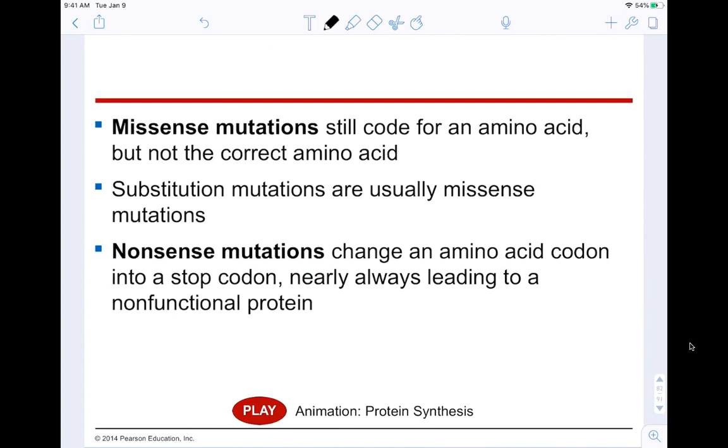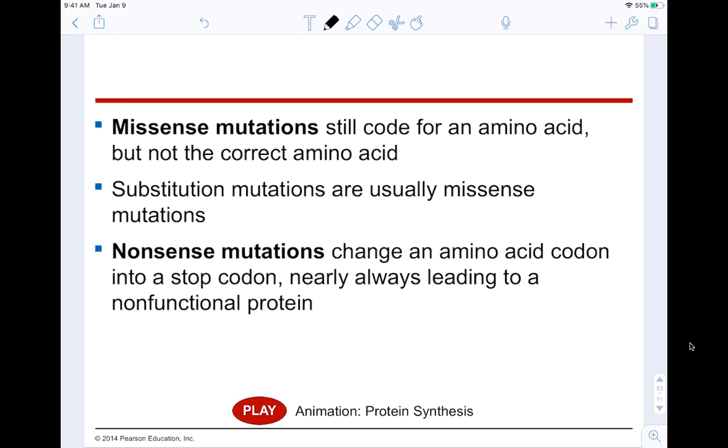So then we have missense mutations. They still code for an amino acid, but it's just the wrong amino acid. So the substitution mutations are usually missense mutations. If it's not in that wobble position, that third position, if it's one of the first two in the codon, typically it's going to be a missense mutation. And that's the example of our sickle cell anemia.